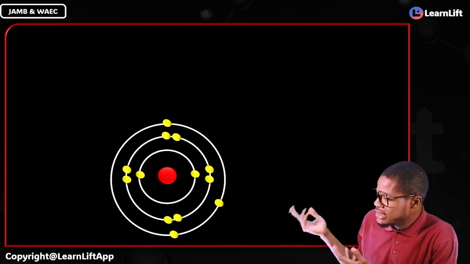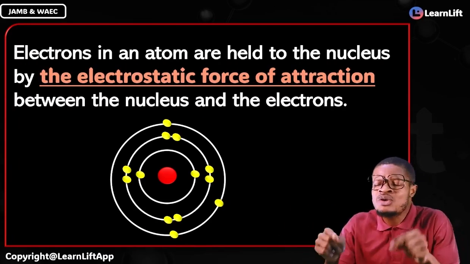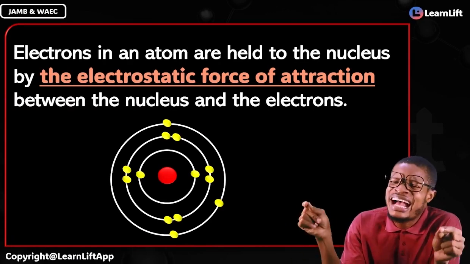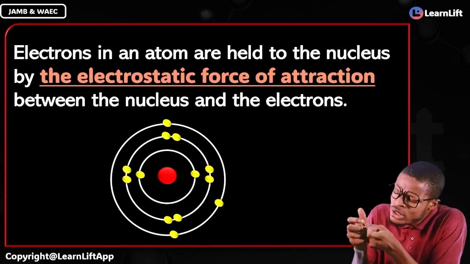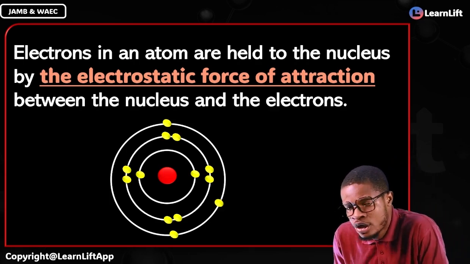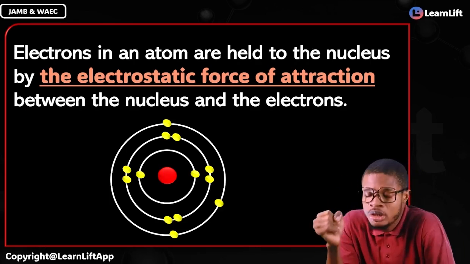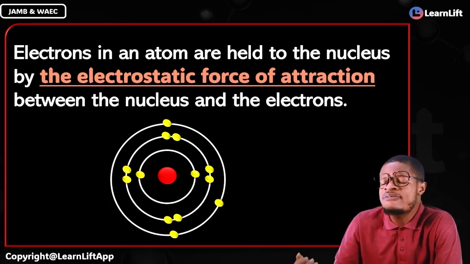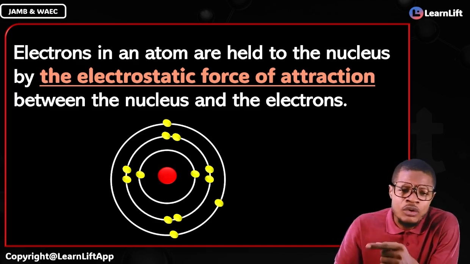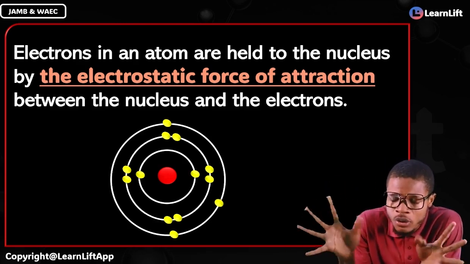Enjoy. Let's say this is an atom. I'd like you never to forget this. The electrons in an atom are held toward the nucleus by electrostatic force of attraction. In an atom, there are two major forces in operation. Number one is called the nuclear force, and nuclear force is a type of electrostatic force of attraction, right? What is nuclear force?